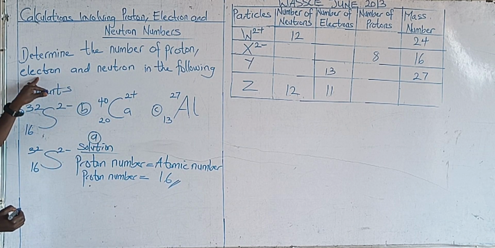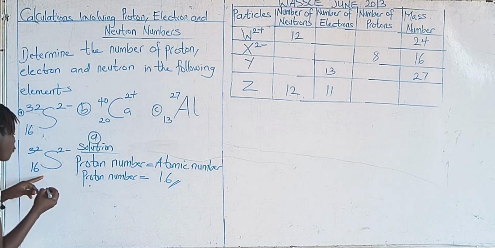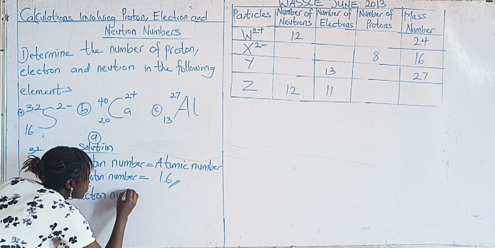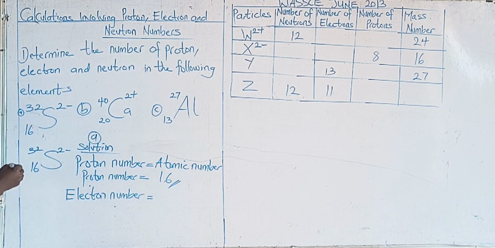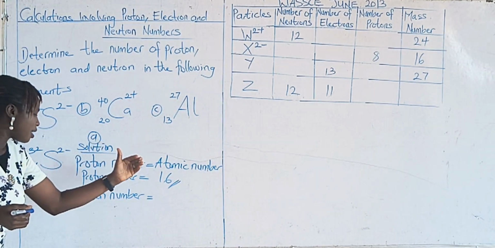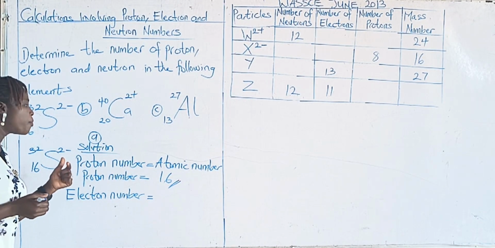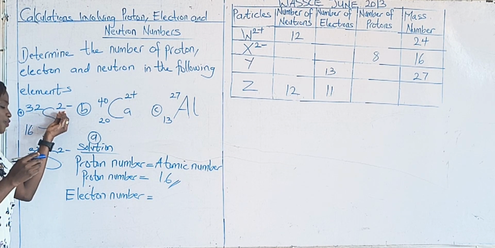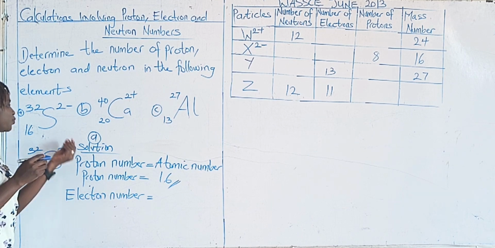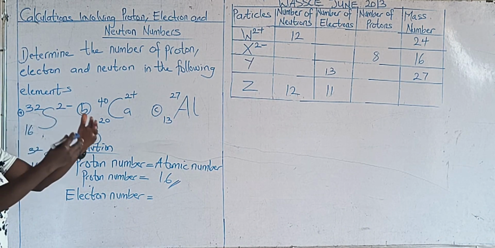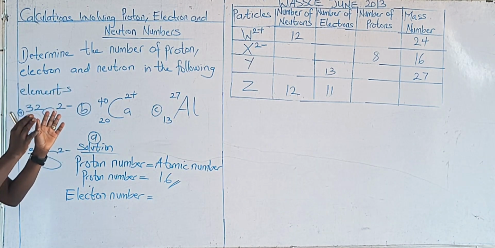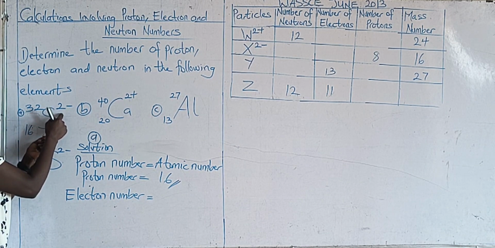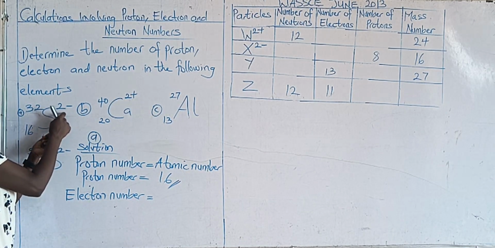Let's move to the electron number for sulfur. Atomic number is the same as electron number and proton number. But when your element has a charge, it affects the electron number. Look at the element given: is it receiving or giving out electrons? This element is a non-metal, and when a non-metal receives electrons, it becomes negatively charged.